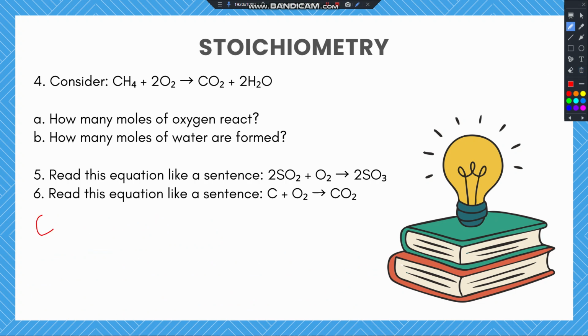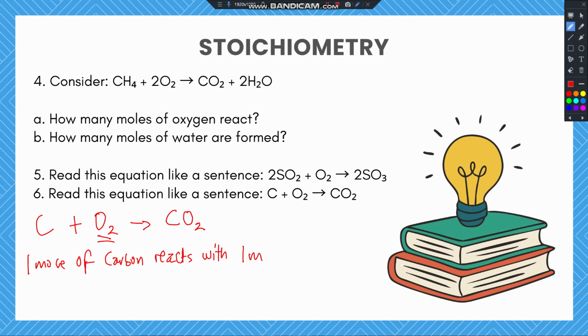We have C, which stands for carbon, plus oxygen O2, and then CO2. Now let's answer this question pretty quickly. We start with carbon. We have 1 mole or 1 part of carbon reacts with, the next is oxygen, which is also 1 mole, reacts with 1 mole of oxygen.